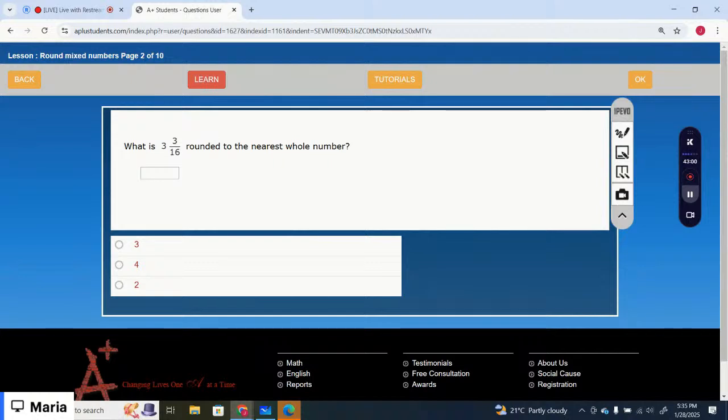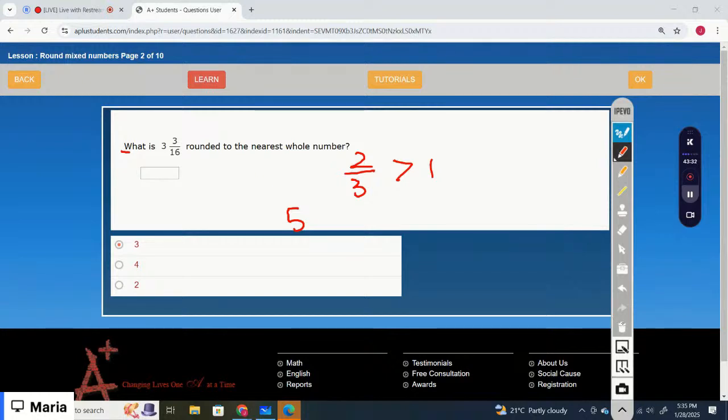What is 3 whole 3 by 16 rounded to the nearest whole number? Basically, you have to look at the fractional part.